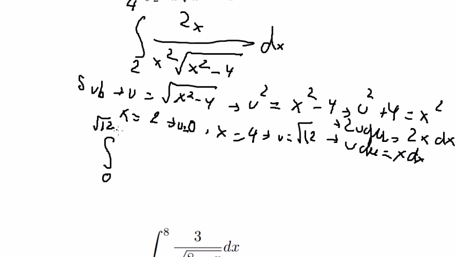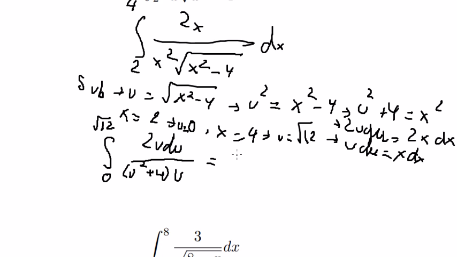So this one we change for u. 2s ds, we change for 2u du. S square we change for u square plus 4.